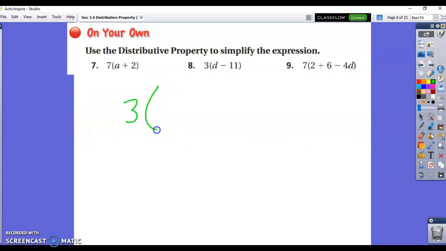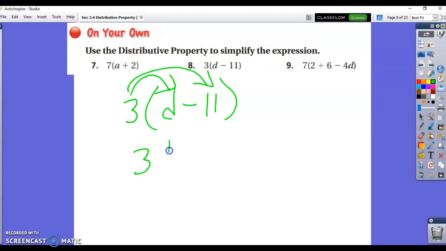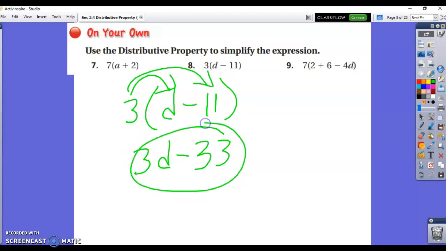I'm going to rewrite it here so you can see it. Now, as a reminder, we're distributing 3 to both d and negative 11. I'm going to distribute 3 to d and then to negative 11. So to simplify this, it's going to be 3d minus 33. And that's my answer.